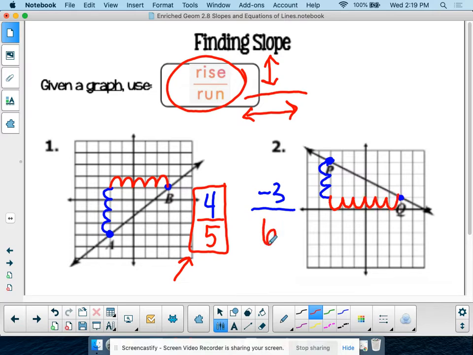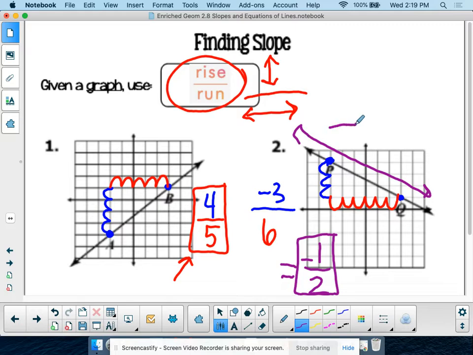Negative 3 over 6. Now you want to ask yourself, can I reduce? And I hope you're thinking absolutely we can. Negative 3 over 6 does reduce to negative 1 over 2. So that would be our slope of this line. Again, check yourself. My slope is going down as I move left to right, so it should be negative, which is what we have here.